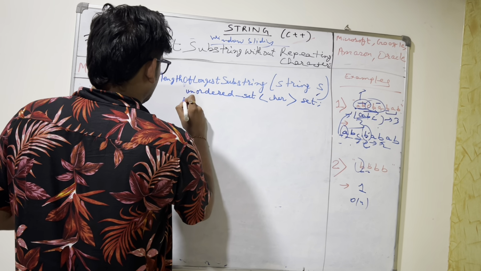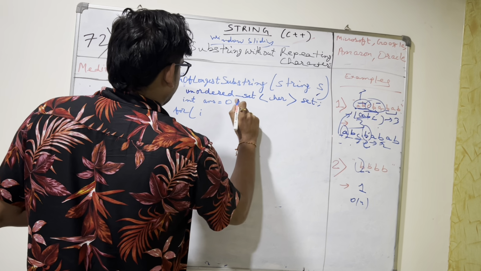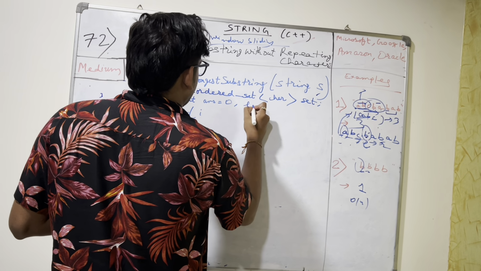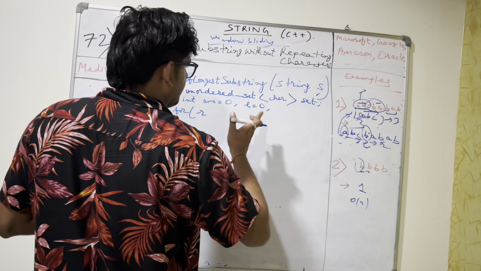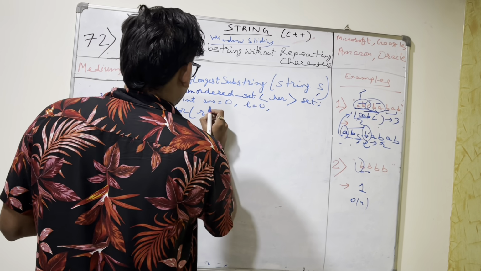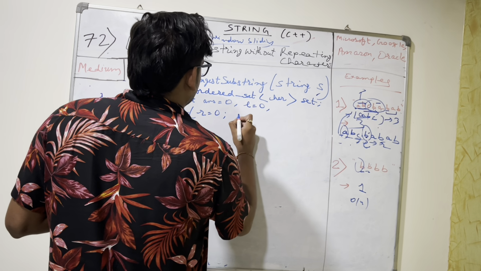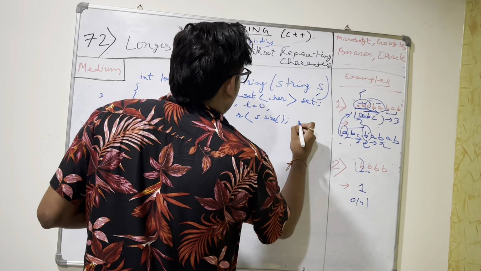We will have the int answer as 0, and L as 0. We will traverse for R. We move from the left, so L is the left window and R is the right window. For R equal to 0, R less than s dot size, R plus plus.